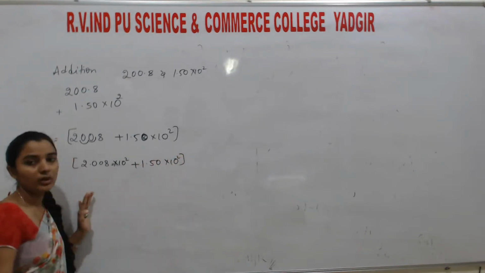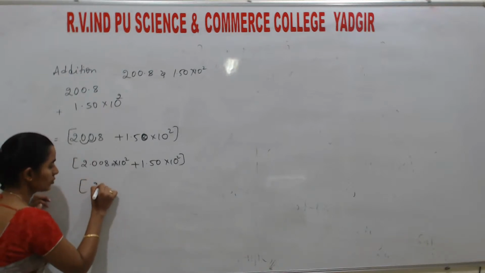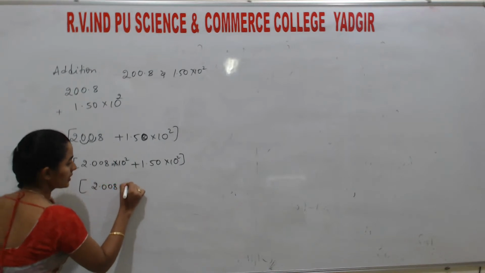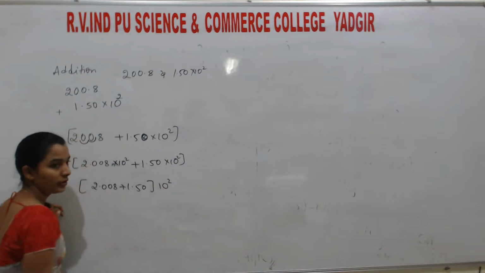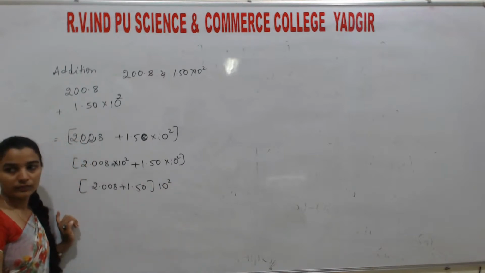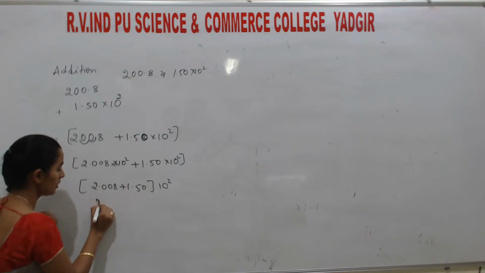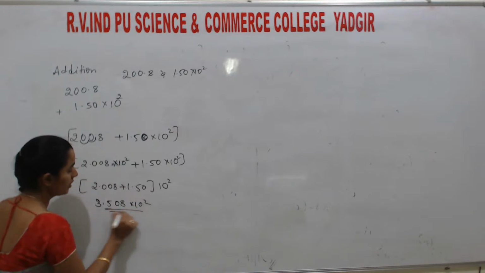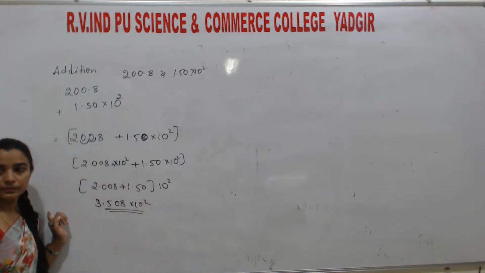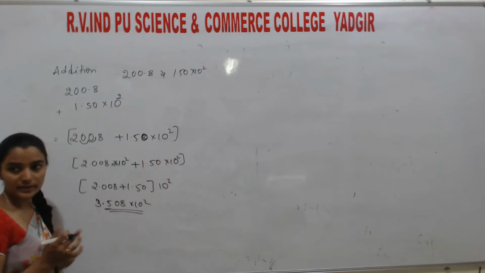So among these two, 10 raised to 2 is the common factor. That is 2.008 plus 1.50 into 10 to the power 2. So 2.008 and 1.50 is 3.508 into 10 power 2 is the answer. Understood? So the powers must be same.